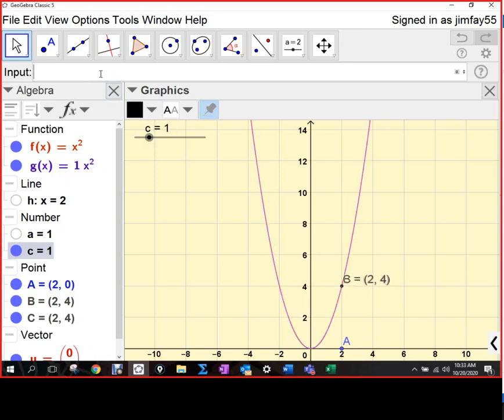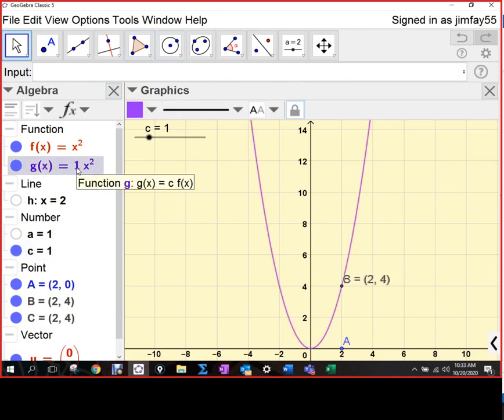That purple one, if I highlight here, you can see that it says it's C times f of x, right? Let's put that C in a different spot. Let's go f, and now C times x. You see how the C is in a different location now? It's attacking the x before I run it through my function.